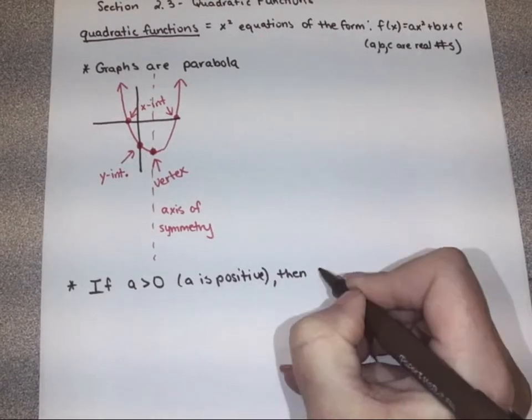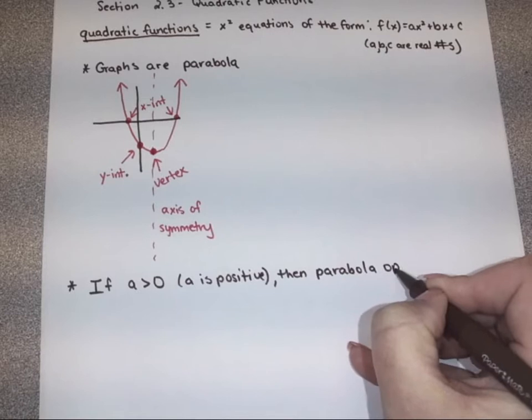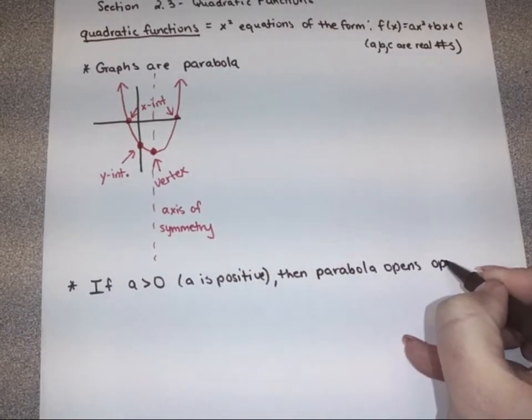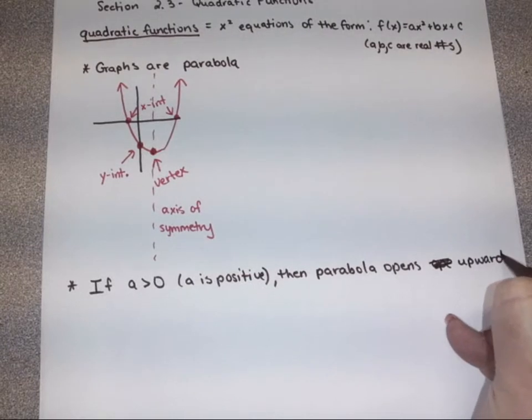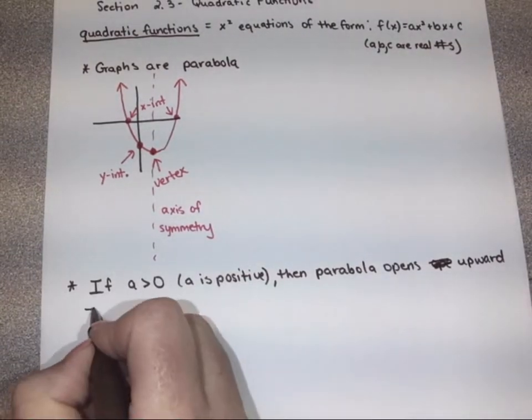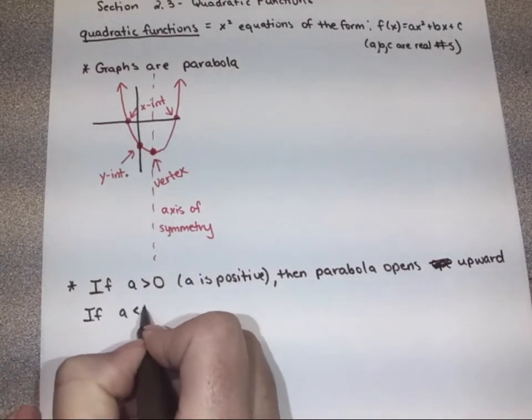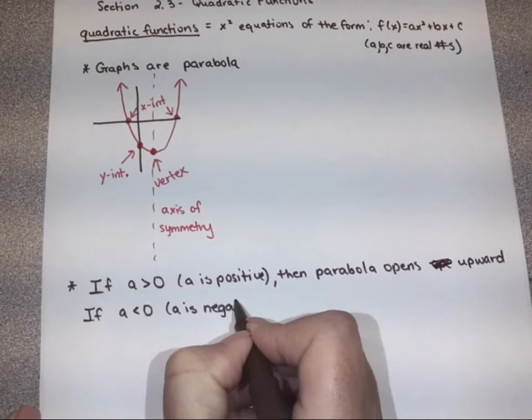then the parabola opens upward. In other words, it looks just like the one we drew above. It's a curve that opens upward. But if a is negative, so if the number in front of x squared is negative, then the parabola is upside down, or opens downward.